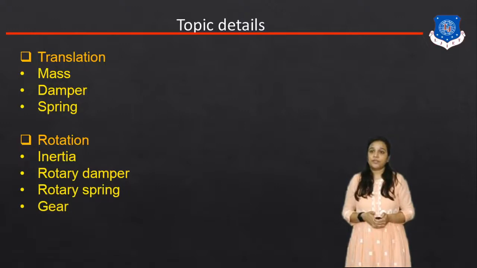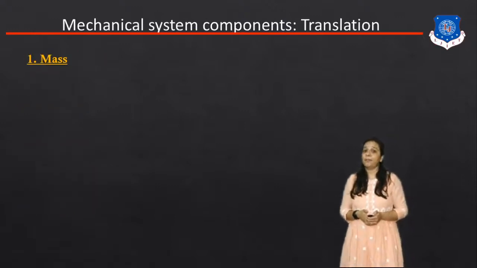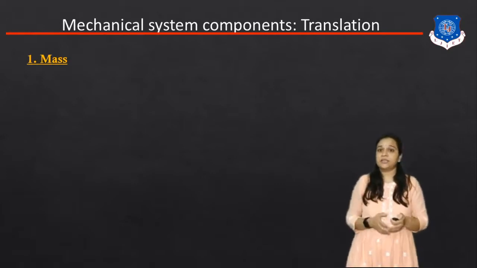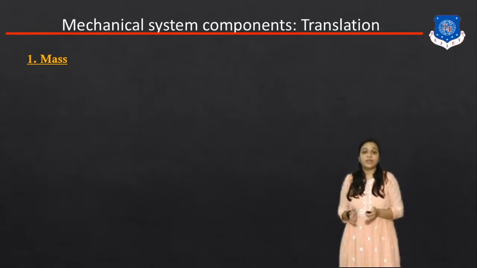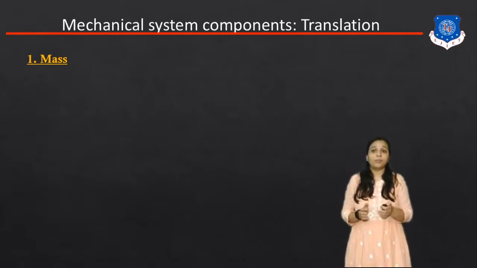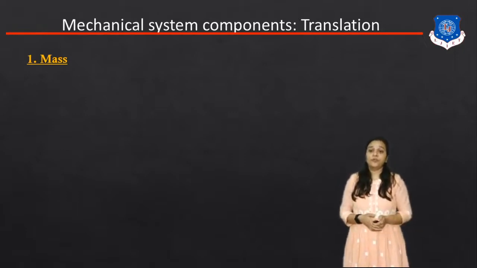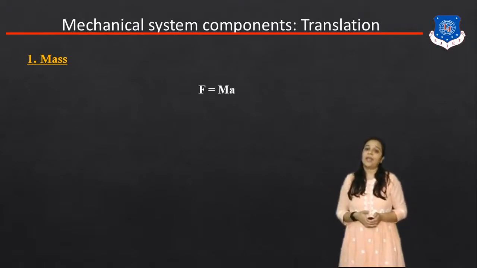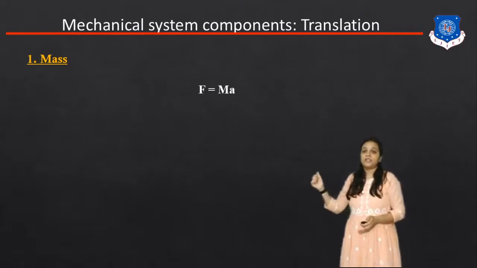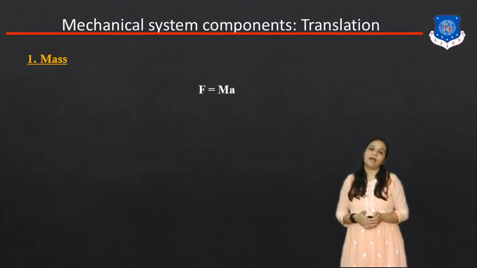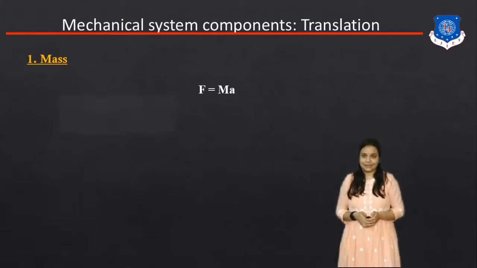First of all, what is the mass? Mass is one type of mechanical system in this translation motion. The equation for the mass with respect to the force is F = m × a, where F is the force, m is the mass and a is the acceleration.